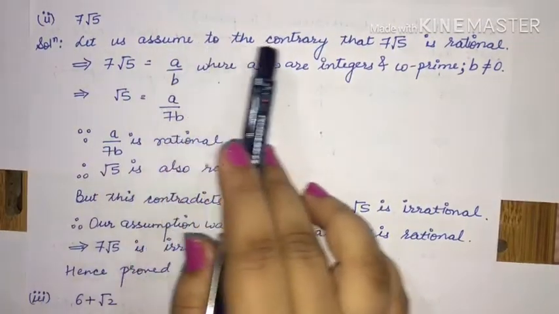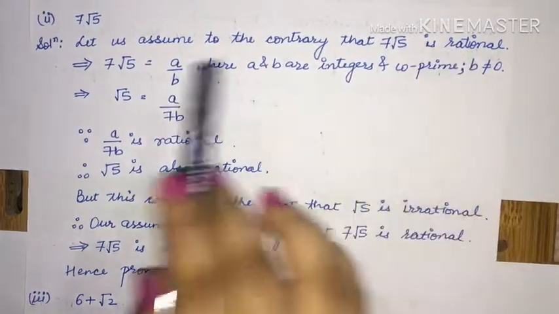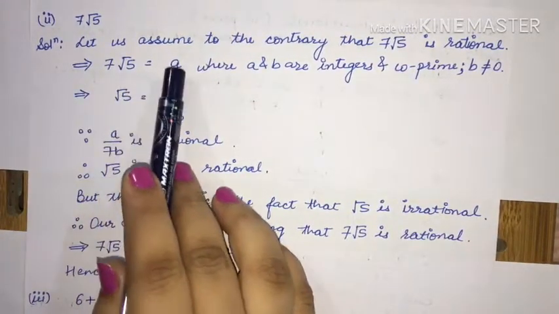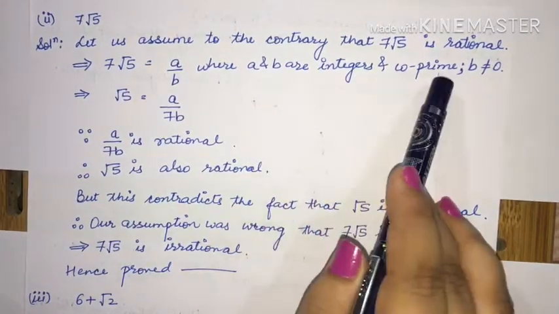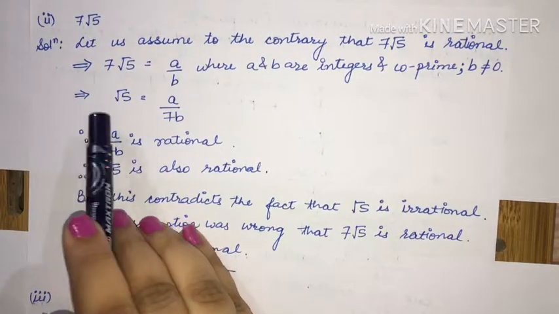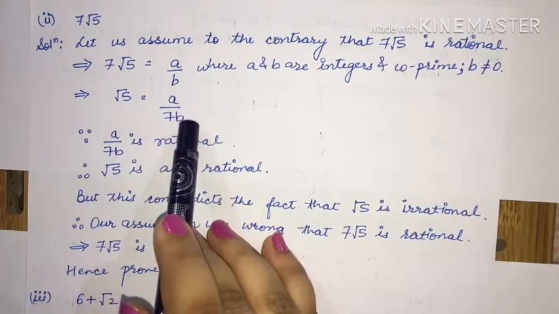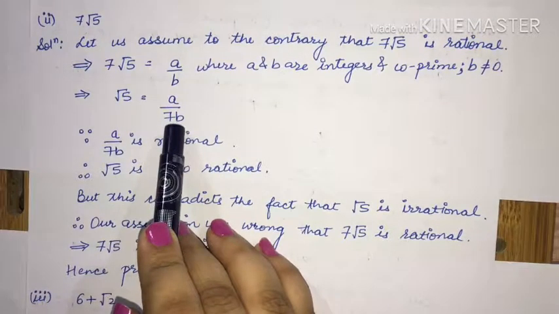Solution. Let us assume to the contrary that 7 root 5 is rational, which implies 7 root 5 is equal to a upon b, where a and b are integers and co-prime and b is not equal to 0, which implies root 5 is equal to a upon 7b, as we have cross multiplied 7 over here.